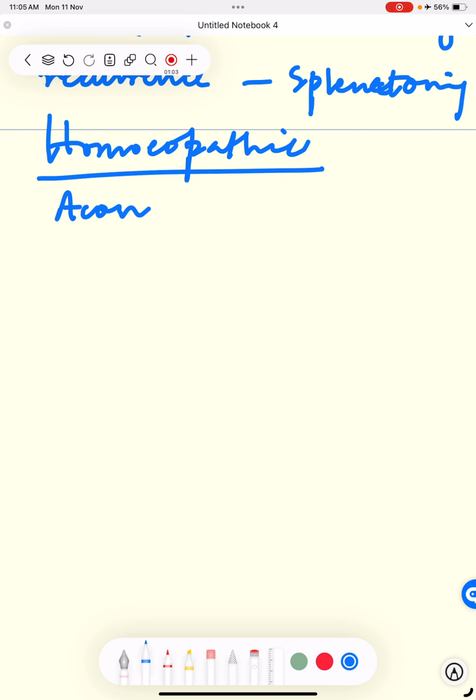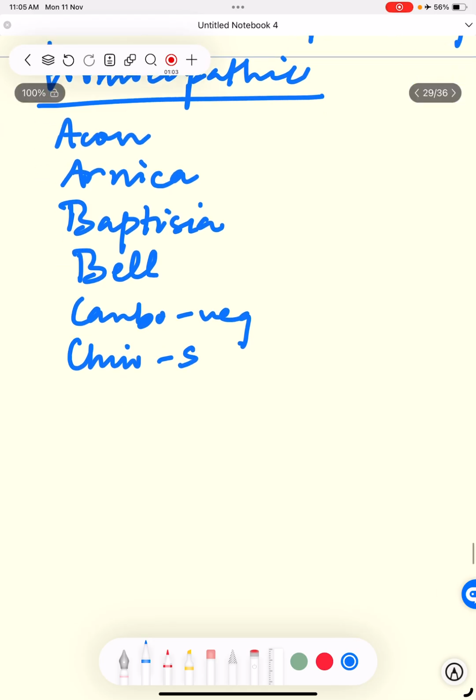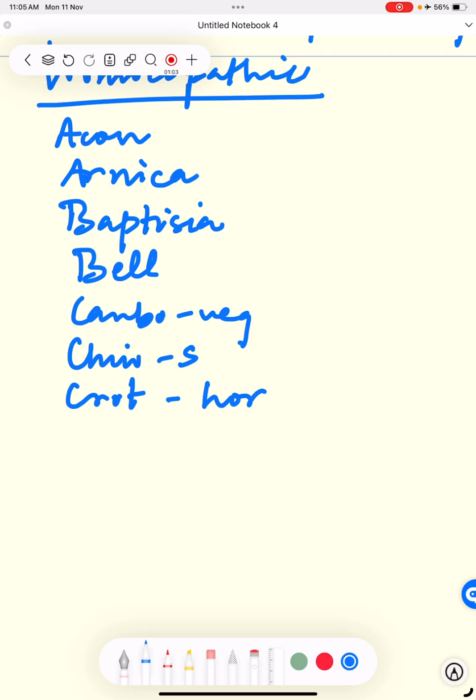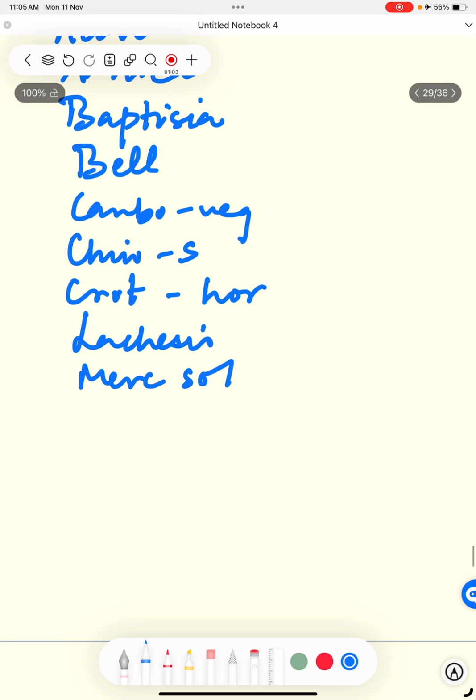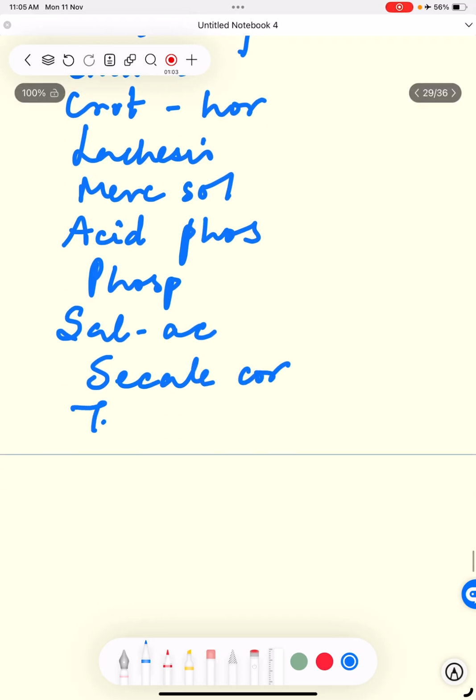Some of it I'm going to describe: aconite, arnica, baptisia, belladonna, carbo veg, China sulph, Crotalus horridus, Hamamelis, lachesis, Mercurius, acid phosphoric, phosphorus, salicylic acid, secale cor, terebinth, Veratrum viride.